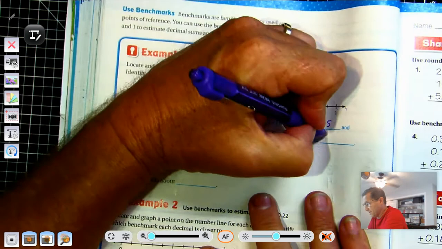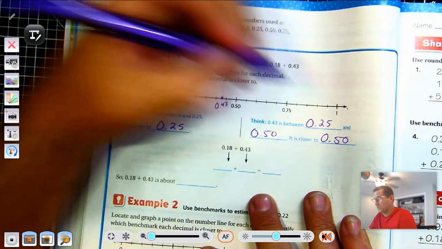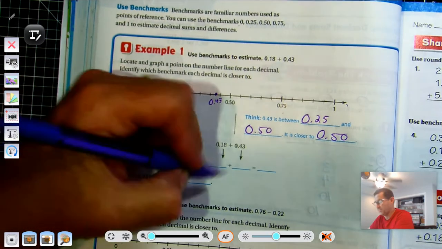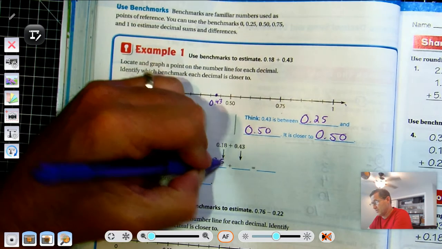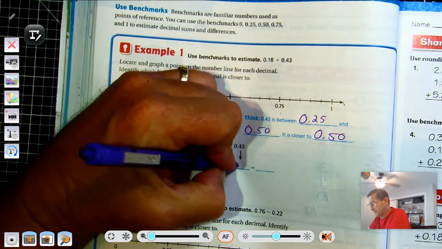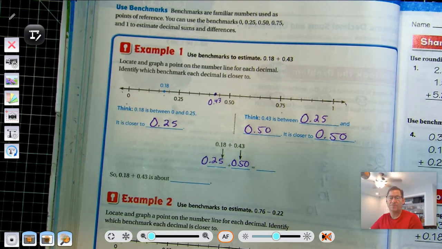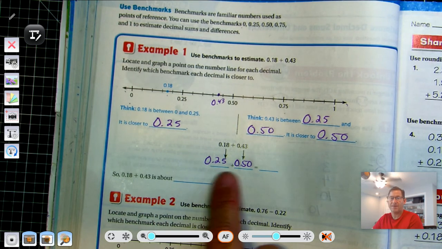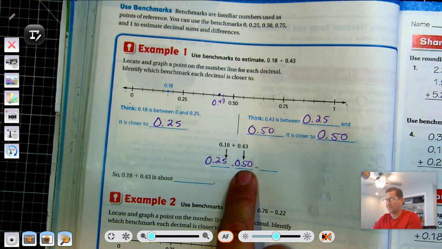It's closer to 50 hundredths. So using benchmarks, we're going to change 18 hundredths to 25 hundredths. We're going to change 43 hundredths to 50 hundredths. Well, this is the same as a quarter, right? The money value quarter, 25 cents, and this is 50 cents.